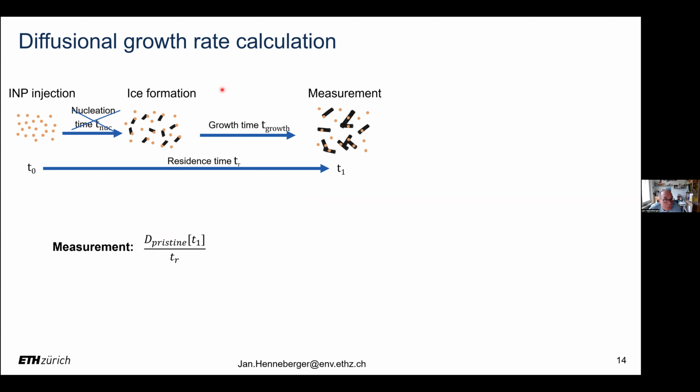So we assume nucleation time is 0, so directly after injection, ice formation happens. And I think we haven't seen any indication that this is not a good assumption. We see a radar signal after 3 minutes, and it is here not contact nucleation, where the aerosol particles have to find a particle, but it is immersion freezing, which should happen much faster.